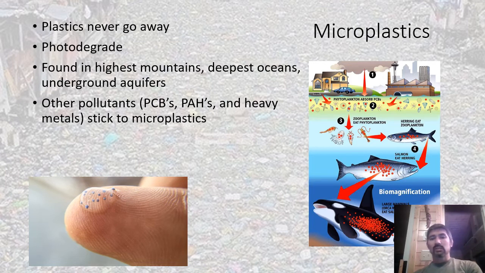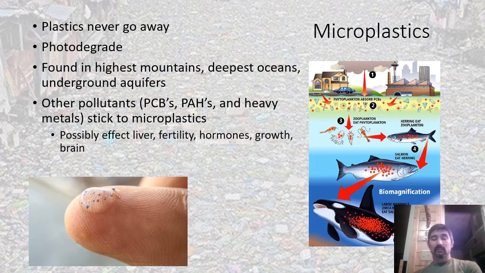Let's say that out of every 20 phytoplankton, 3 of them will have microplastic in them. Then when we go up the food chain, our next consumer is, we'll say, a shrimp. The shrimp eats 20 phytoplankton every day, so every day the shrimp is adding 3 more pieces of microplastic into its body. So 3 times 7, at the end of a week, the shrimp has 21 pieces of microplastic in its body.